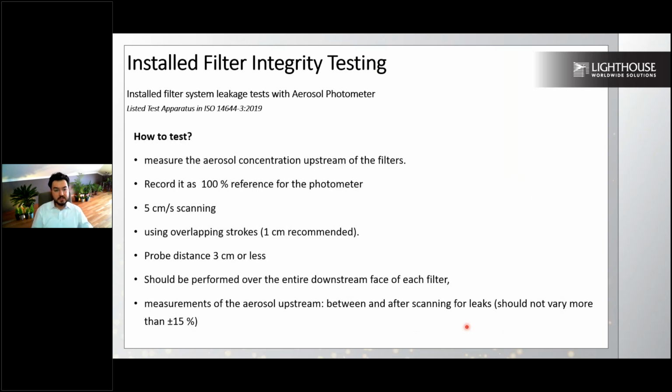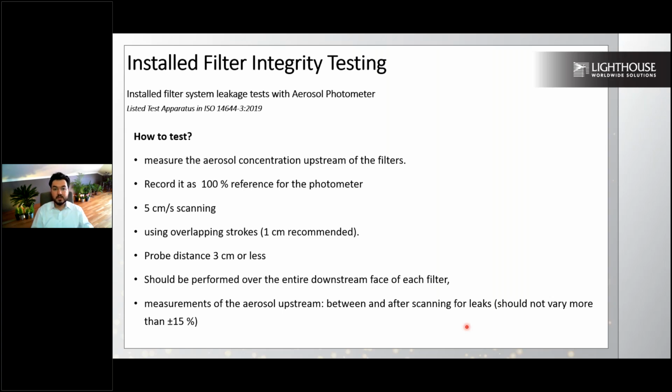And how to test these systems? First of all, you have to measure upstream concentration of your filter, and this will be recorded as 100% as a reference value of your aerosol. If your particles introduced into the system are not homogeneous or changing during your scanning, your 100% may be lower, may be higher.